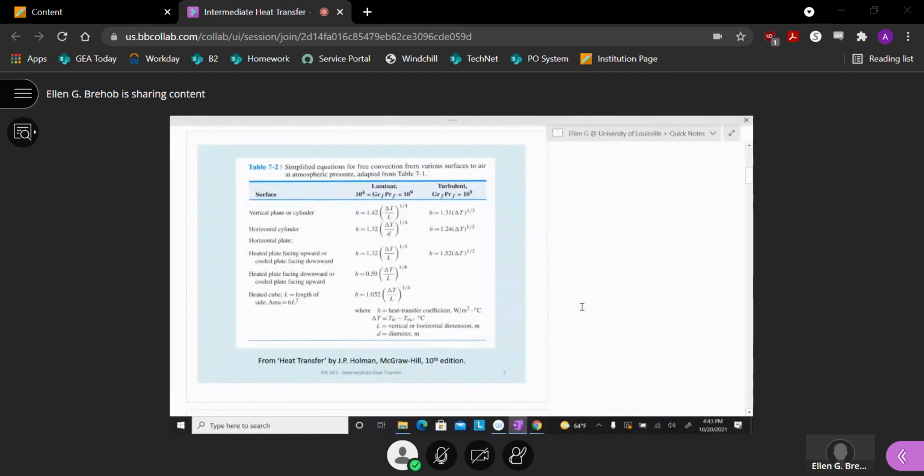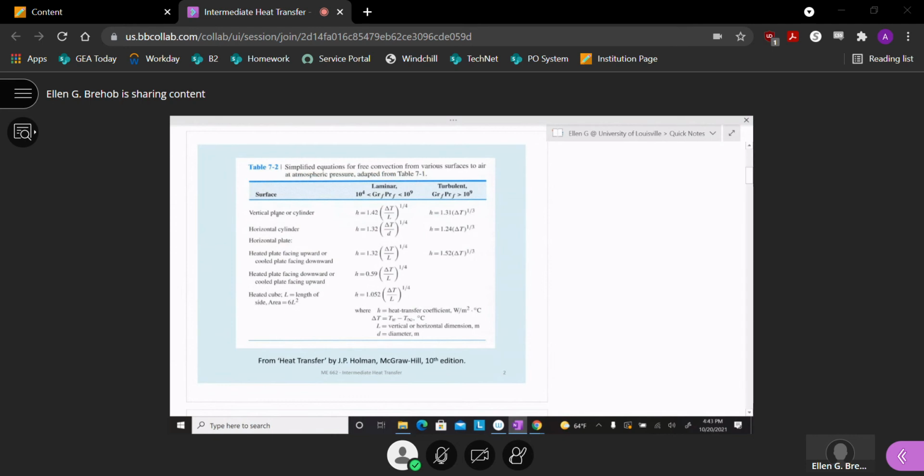So I'm going to this next slide. This is taken from the book by Holman, which is a reasonably popular undergraduate heat transfer book. This is simplified equations for free convection for various surfaces to air at atmospheric pressure.